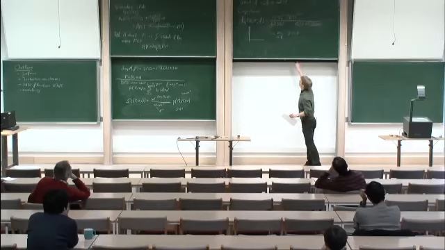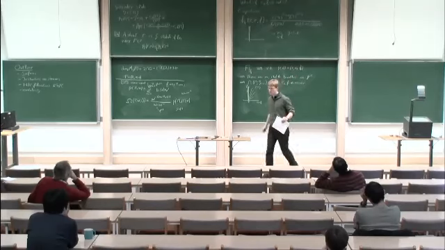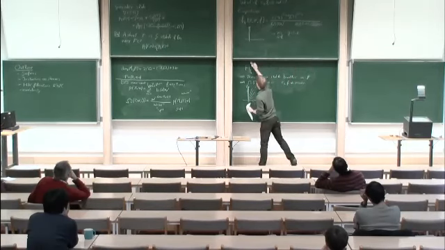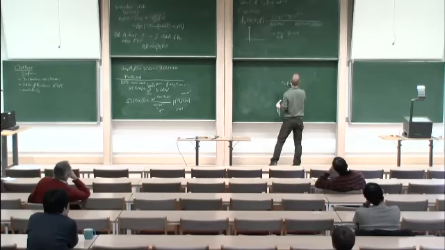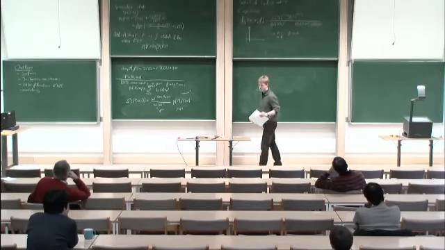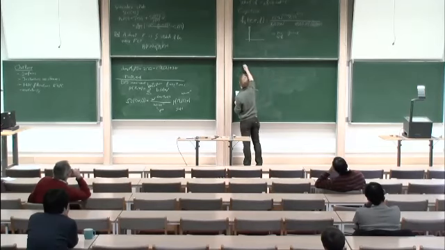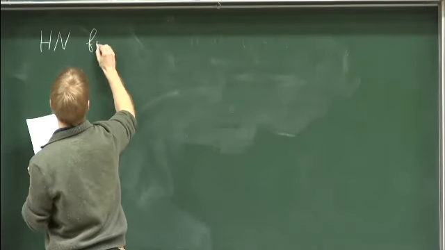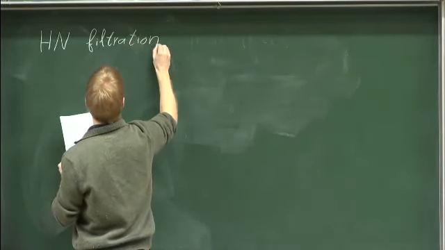So let me tell you how to subtract the unstable sheaves from that formula. This uses the mathematical tool of so-called Harder-Narasimhan filtrations.